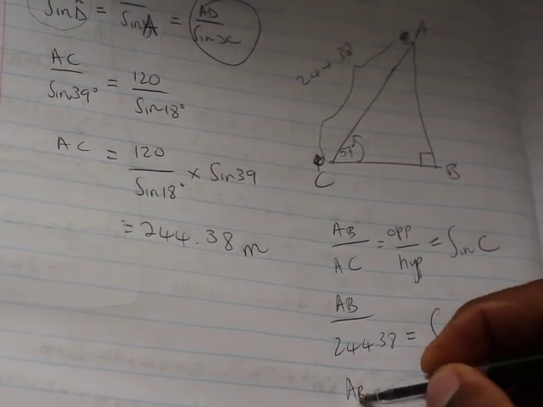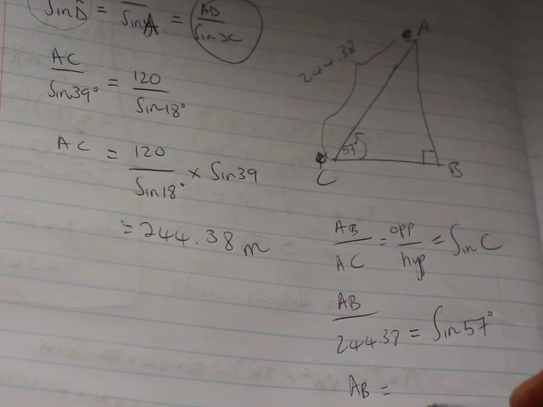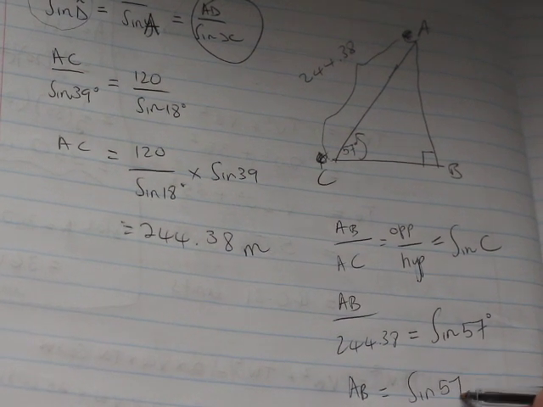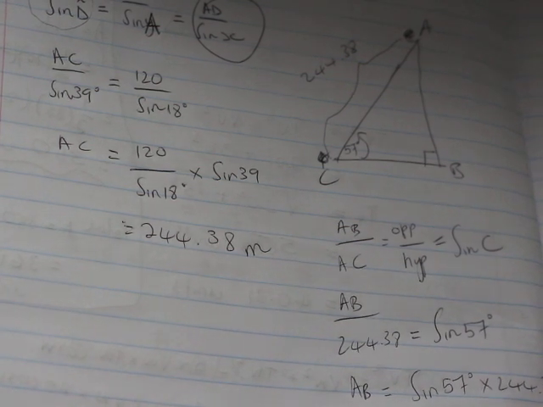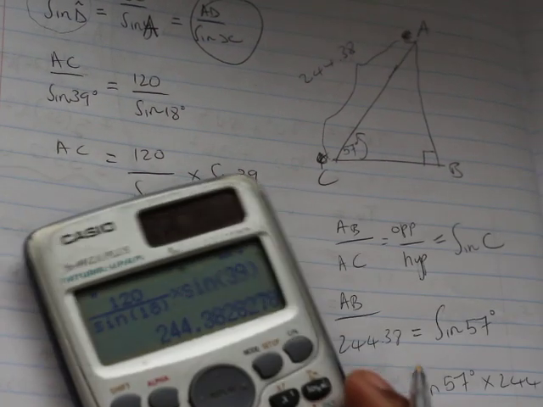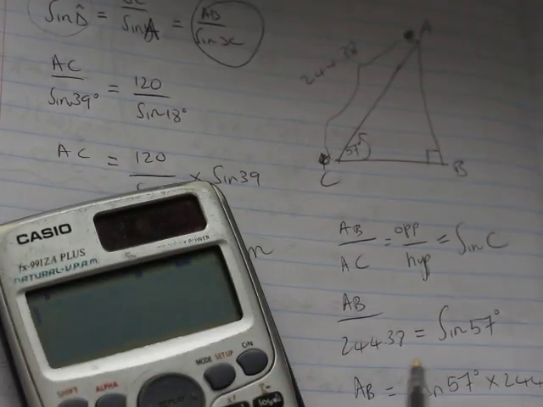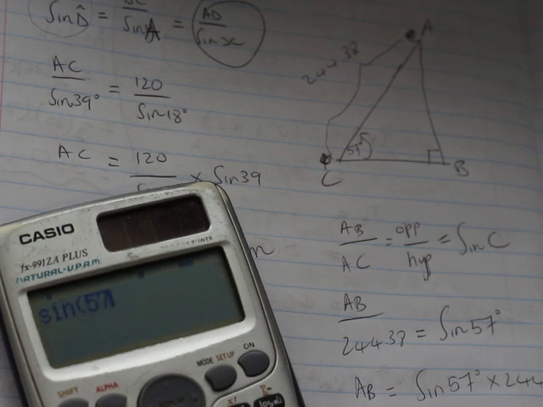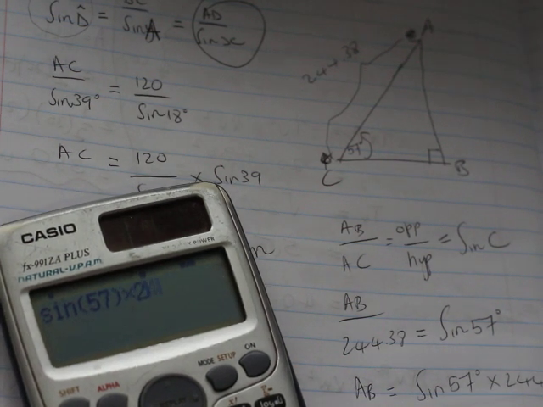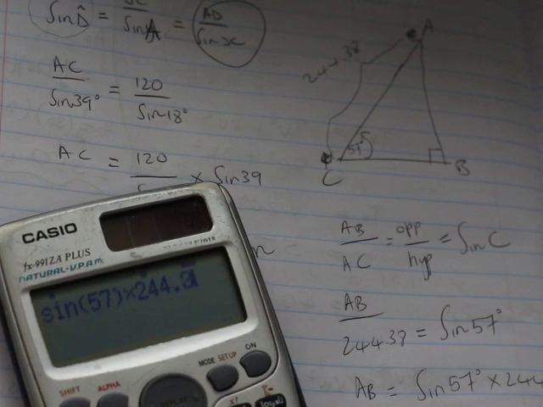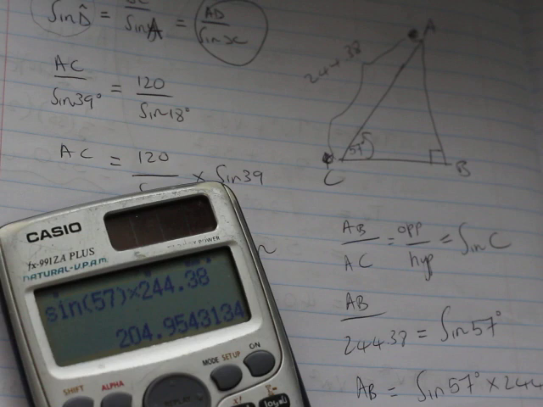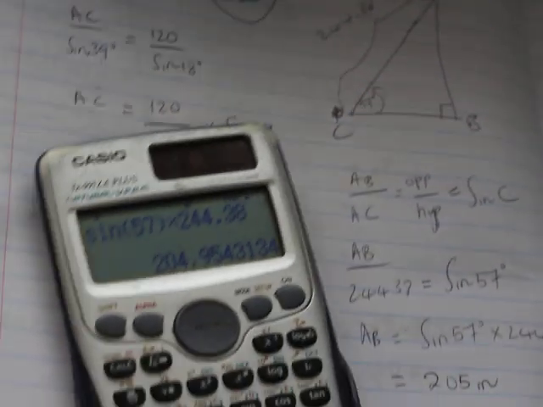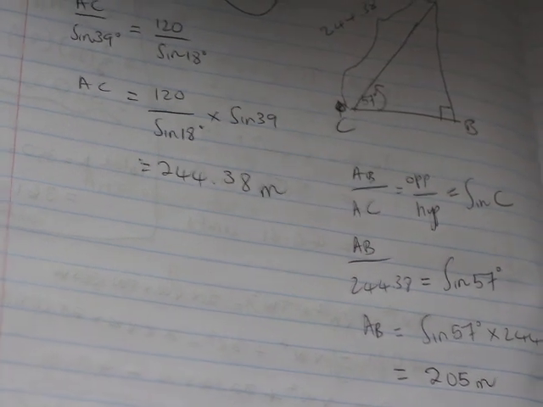Therefore, AB is just going to be equal to sine 57 degrees times 244.38. So we punch that into the calculator, keeping in mind that our answer needs to be rounded off to the nearest integer. That becomes 205 meters. So we've managed to calculate the height.